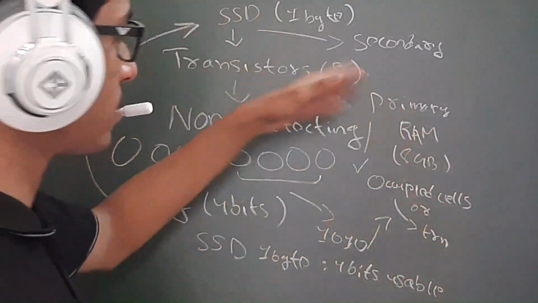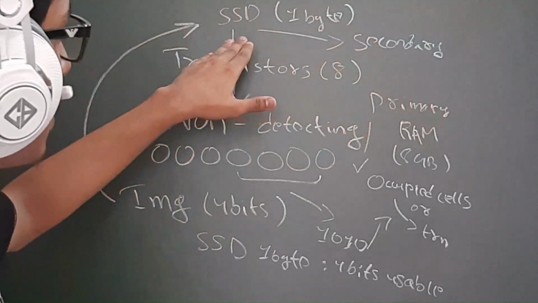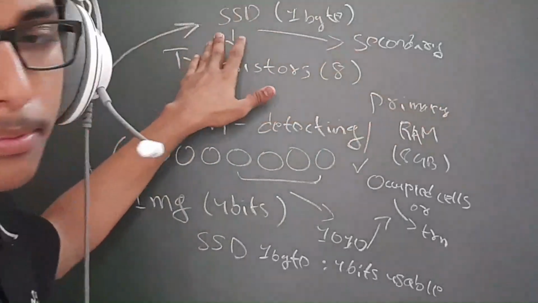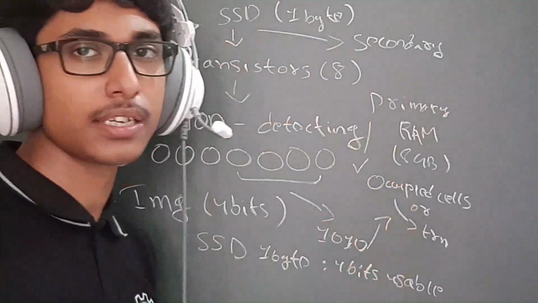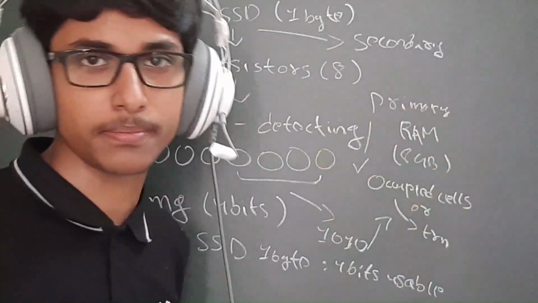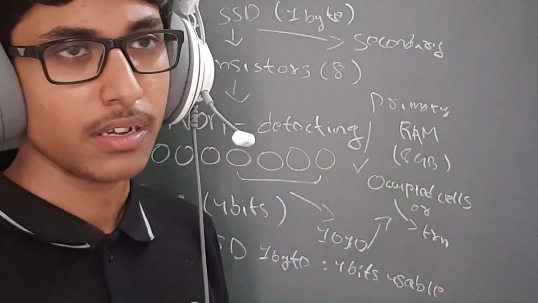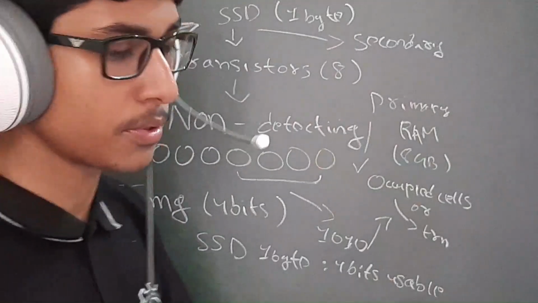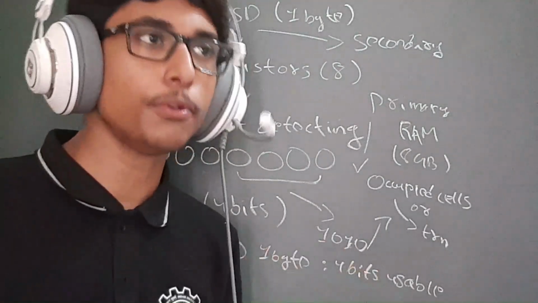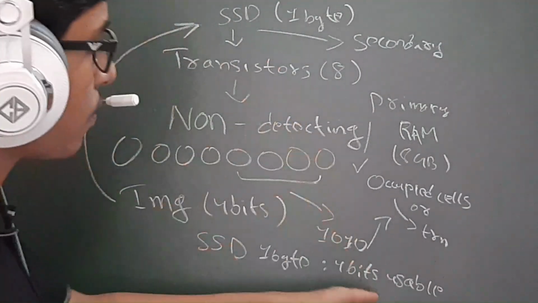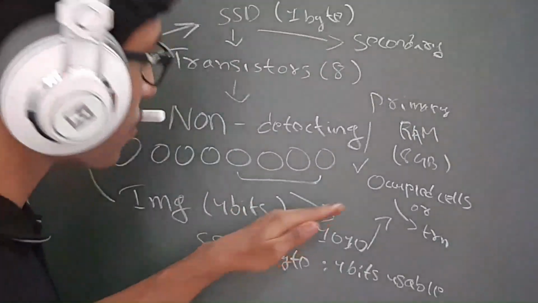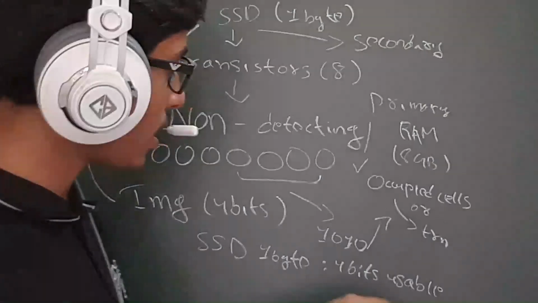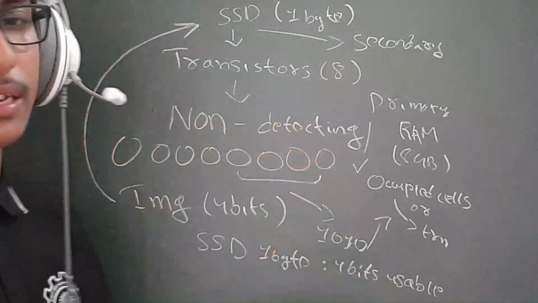Because the permanent storage is the SSD. This is supposed to store data on a permanent basis. RAM is just to access the data, work upon it, and then clean it up. The work is done when the application is closed and when the computer is turned off. Suppose your computer has 4 bits of usable data, so we'll say that there are 4 transistors in the non-detecting phase.